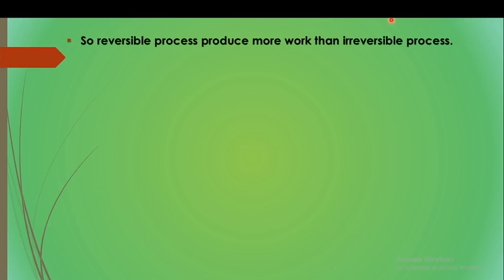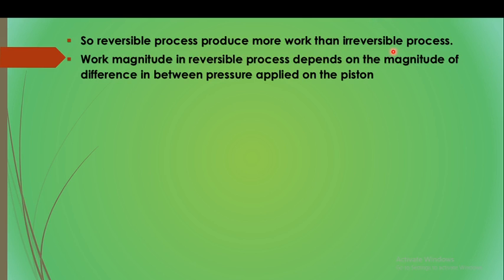So the reversible process produces more work than the irreversible process, because we know that in the irreversible process the work obtained is 0. Therefore, in the reversible process, the work obtained is always maximum.